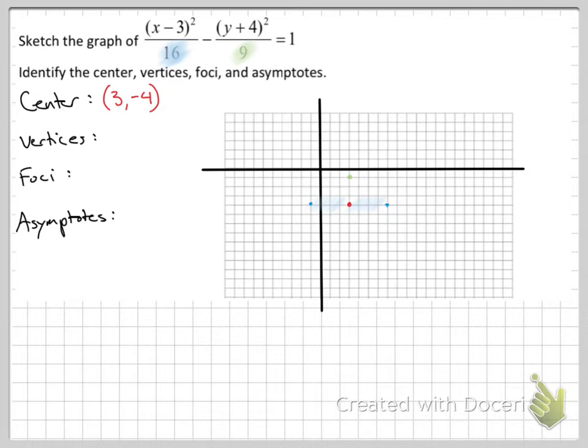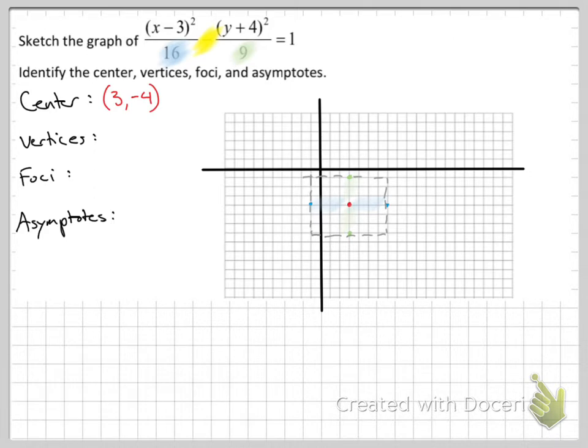That's just like ellipse. But if this was an ellipse, I would connect those and try to make it look like an ellipse, right? But this one's a hyperbola because of the minus sign in the middle. So instead, I'm going to make a dotted rectangle following my graph paper so that it hits those 4 points.